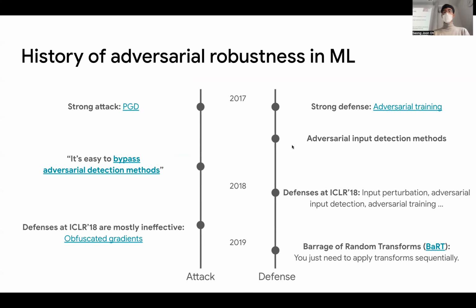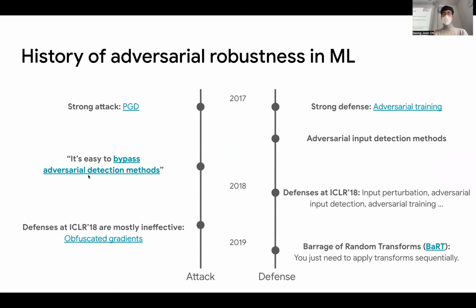And then people came up with detecting adversarial inputs. So instead of making your model stronger, you train a second model just for detecting whether there is an adversarial pattern or not. But then from the attack side, people also say, when you have such a detector, we can also generate a pattern that avoids these detections, if the detection method is also white box.